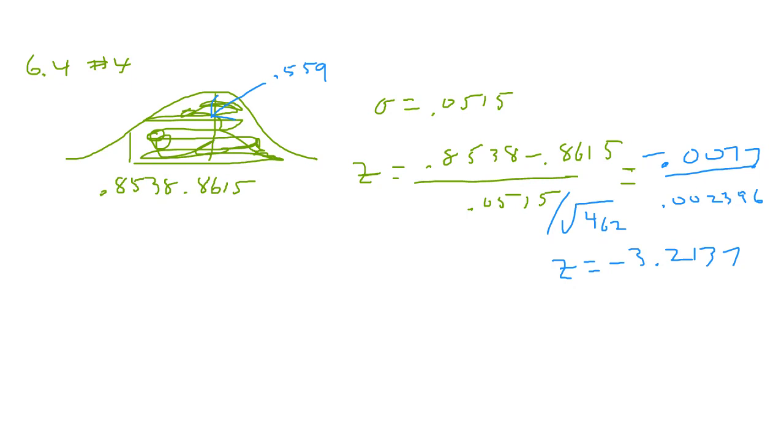Oops, I probably didn't carry enough digits. Let me put a few more digits in. Negative 3.213689. Try that. There we go. 0.98... I don't know. Let's see if it likes 0.9896.